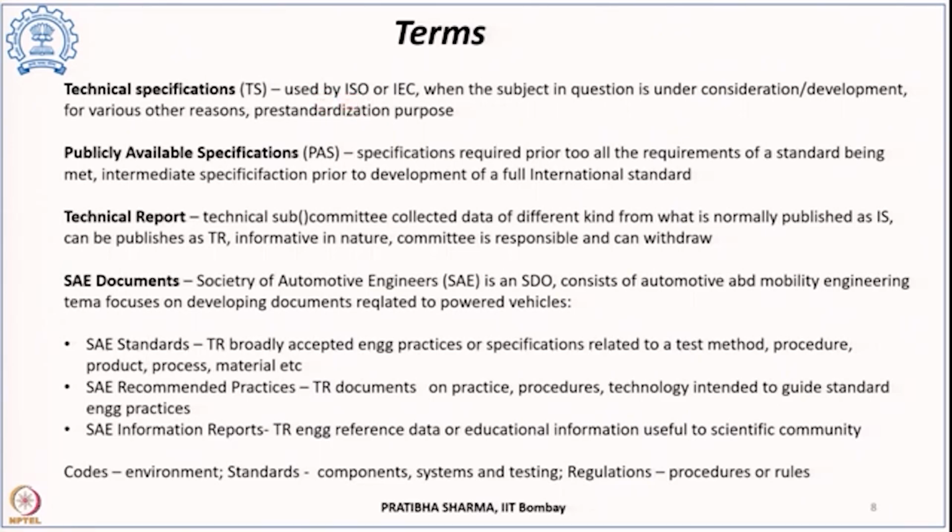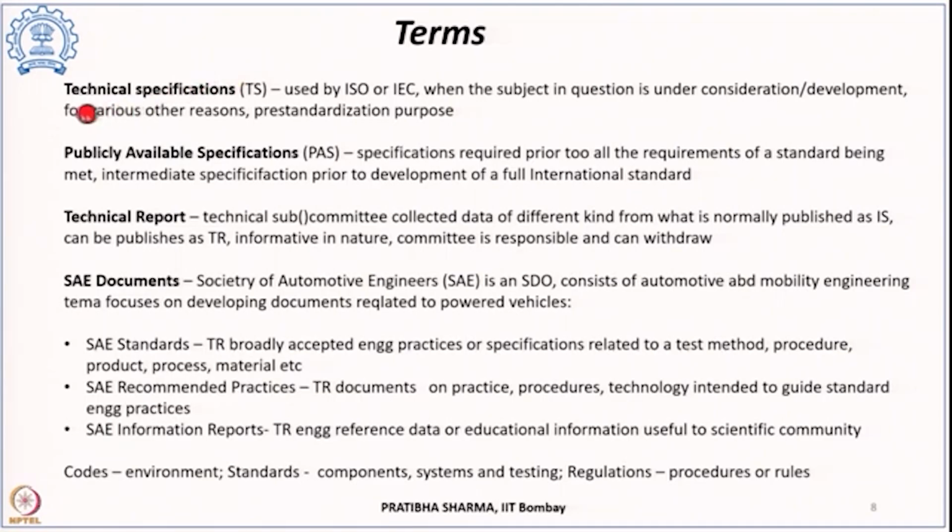By technical specification we mean a pre-standardization document, which has not passed to the level of international standards. If it has been put forward and not been accepted, or if the subject is under consideration or development, and for various reasons it has not been approved, then it is known as technical specification.